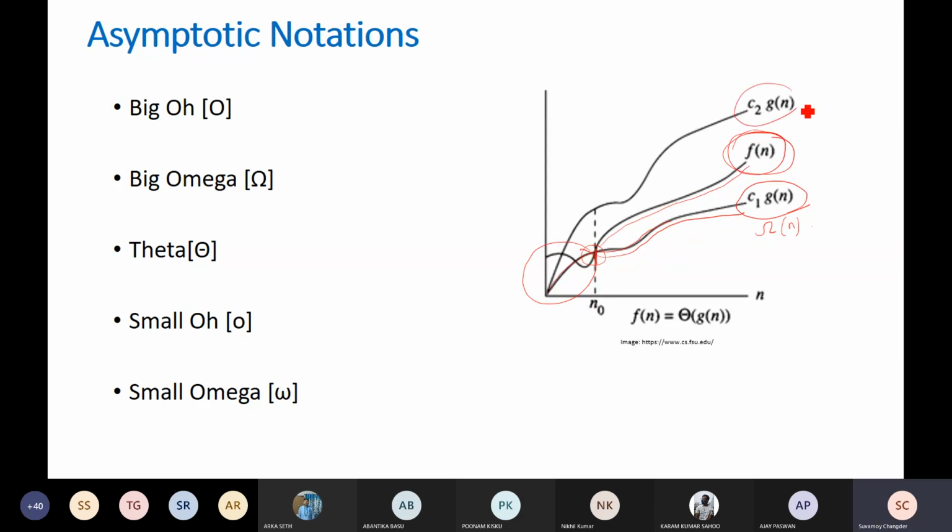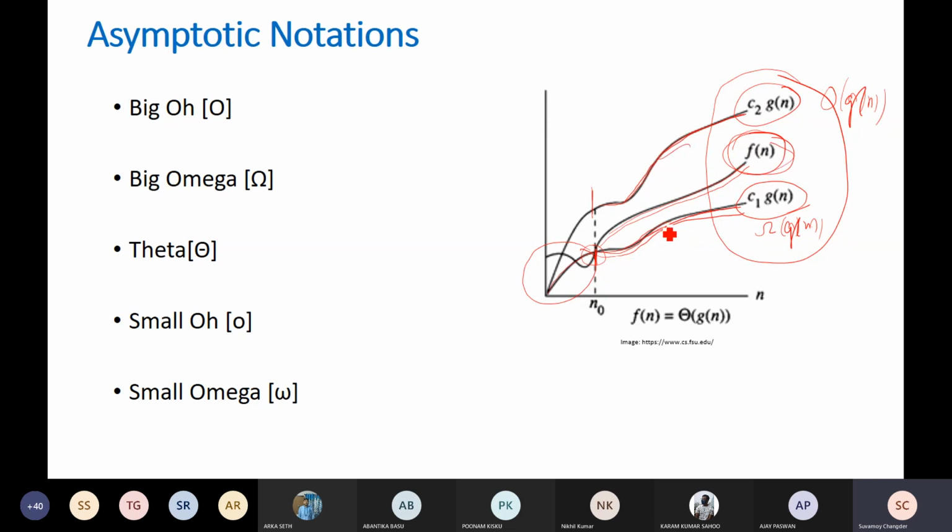Similarly, for big O, we are finding a g(n), a curve which is always greater than f(n). So the upper bound is a curve always higher than f(n), and the lower bound is a curve always less than the given polynomial.